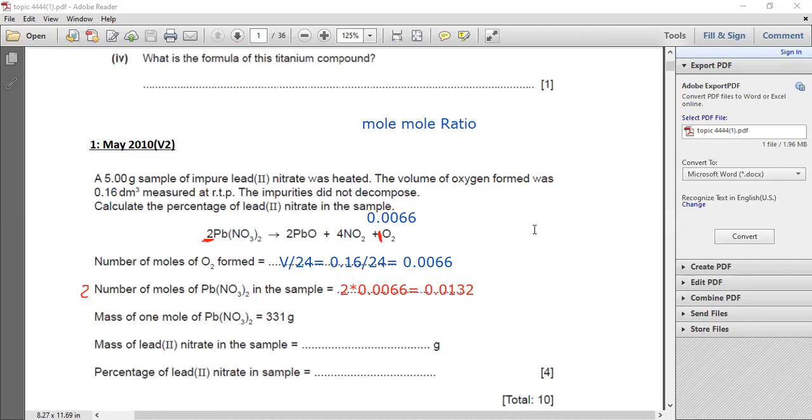Again, why did I say multiply by 2? Because molar ratio said the number of moles of PbNO3 by 2 is double the number of moles of oxygen. Is it clear for everyone? Is it clear? Molar ratio, is it clear? Does anyone need me to re-explain this point?